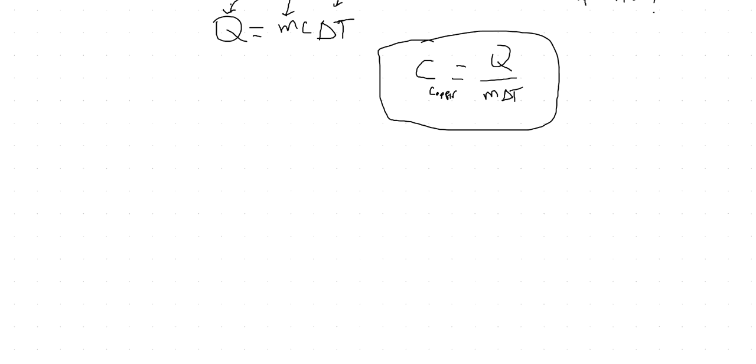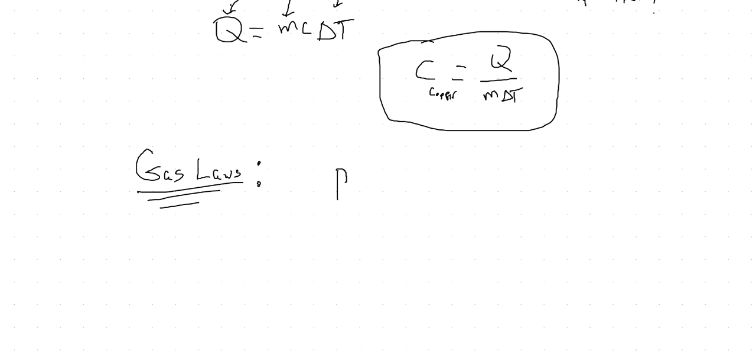The second part of the lab deals with the gas laws. Okay? And the gas laws really are really this. This is what all the gas laws say. And there's 3 gas laws, but really it says this, that if you take the pressure of a gas, multiply by its volume, and divide by its temperature, temperature must always be in Kelvin.